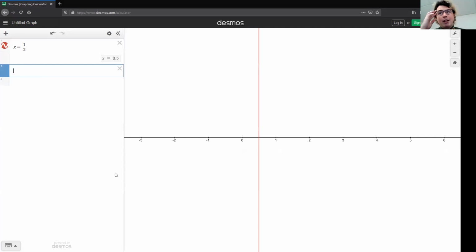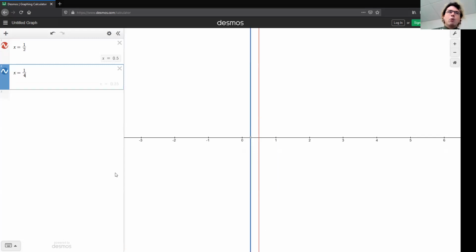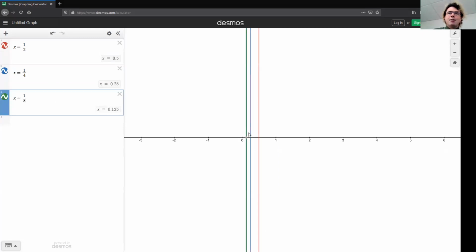And now for later terms of the sequence, my second term will be x equals 1/4. There it is, represented by this vertical blue line. My third term of the sequence I'll represent by x equals 1/8, and so on. And what's going on is that each term of the sequence is half of the term that came before it.